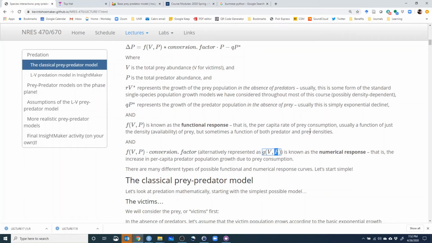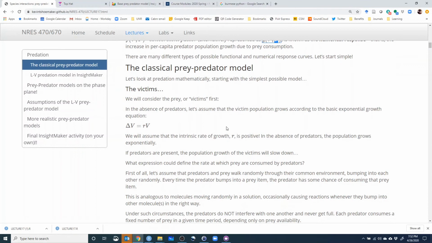But let's first get familiar with the most basic prey-predator population model, and that is known as the Lotka-Volterra prey-predator model. Just like we went through the Lotka-Volterra competition model earlier, we're going through the Lotka-Volterra prey-predator model. So let's think about the simplest possible interaction of prey and predators.